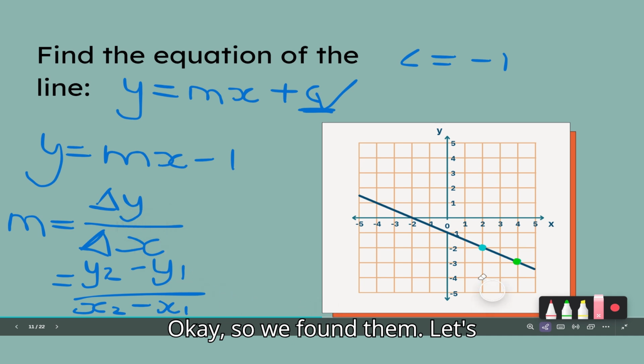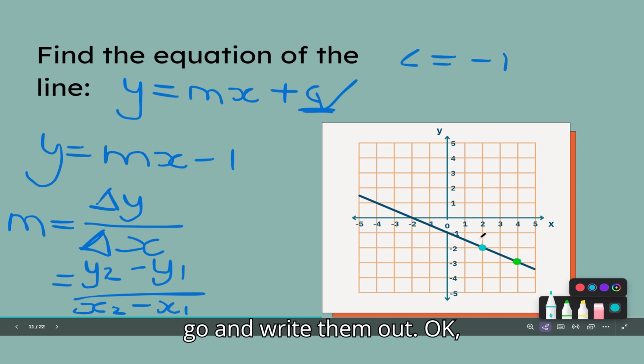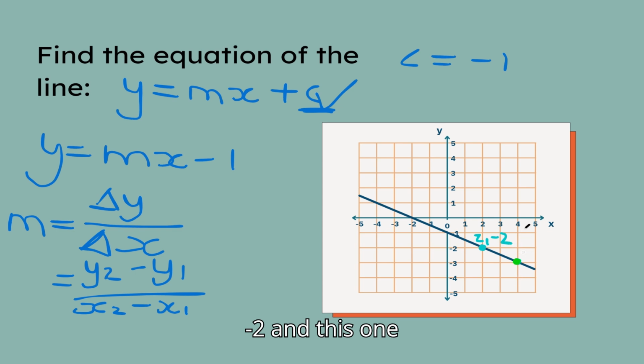Okay, so we found them. Let's write them out. This one is (2, -2), and this one is (4, -3), the green and the blue.